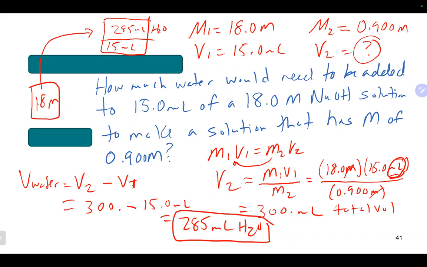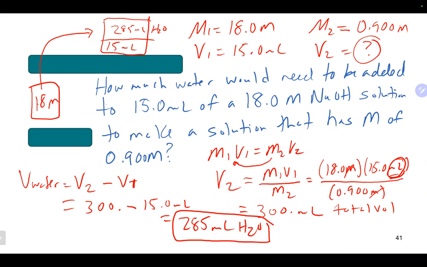So I would say in a dilution problem like this, if it asks how much water you need to add, which is a very common question, you usually have to do that extra step of subtracting the two volumes. Now, if it just asks, for example, like the first question, what would the molarity be, then you solve for M, and that would be your answer.